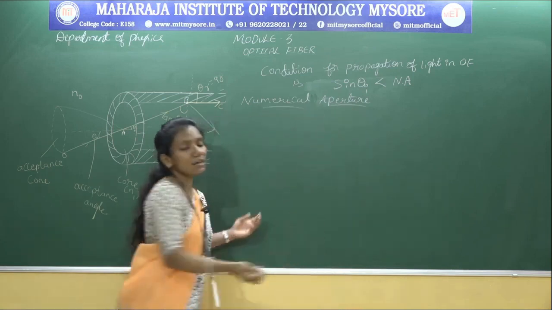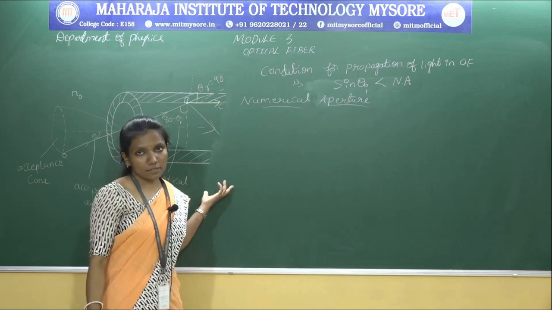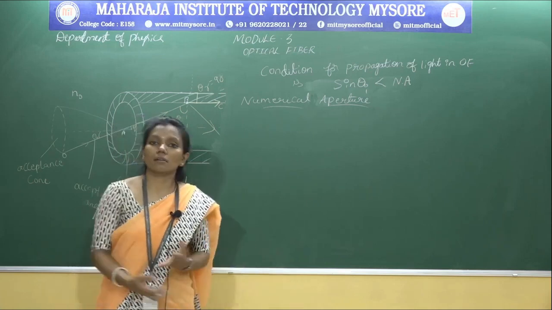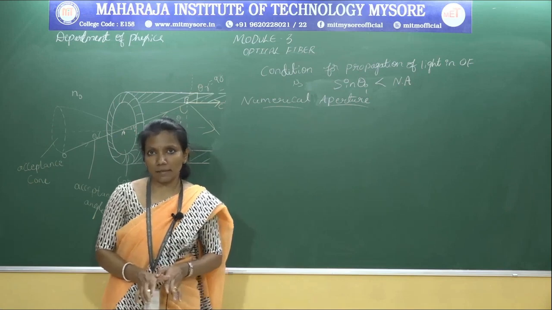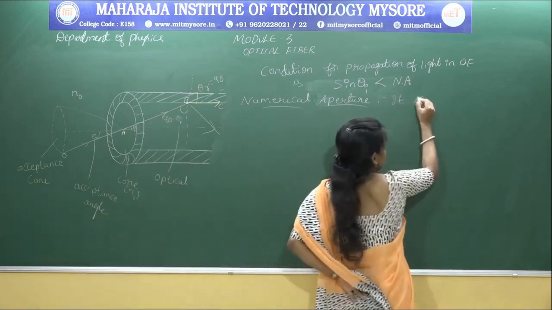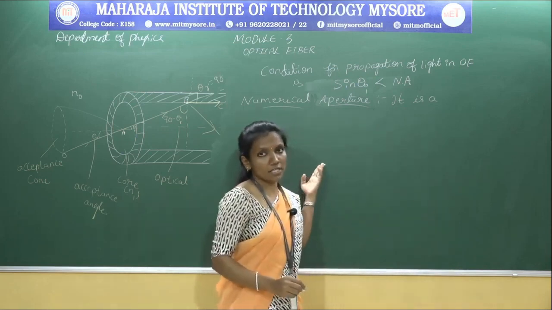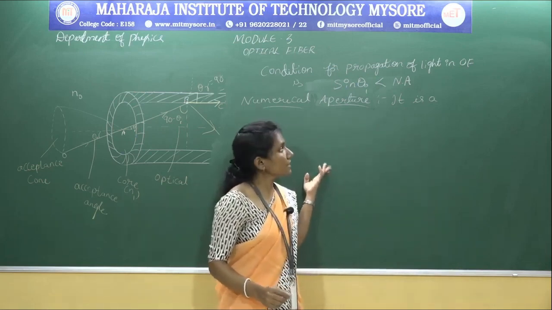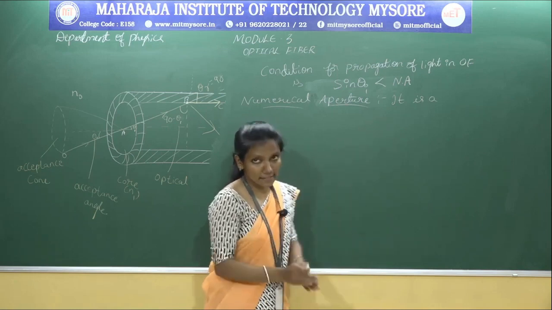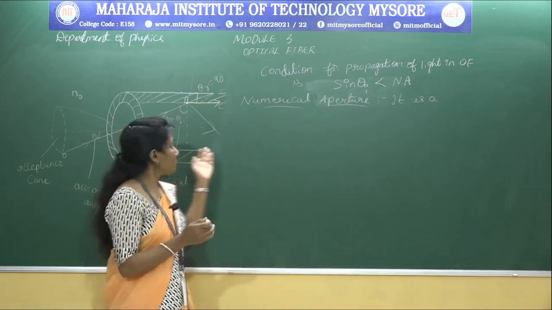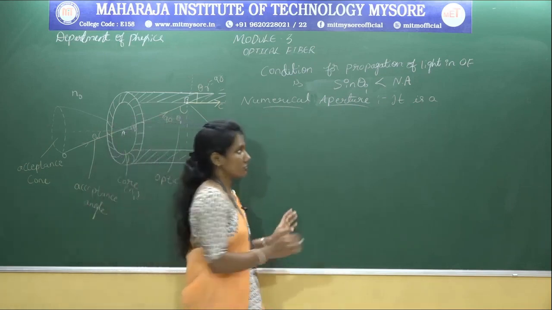Totally it is the measure of the efficiency of the optical fiber, the collection of the number of light rays in the optical fiber. It is a measure of the power launching efficiency, or collecting of the light rays inside the optical fiber. How many light rays can be collected inside the optical fiber, that is nothing but numerical aperture.